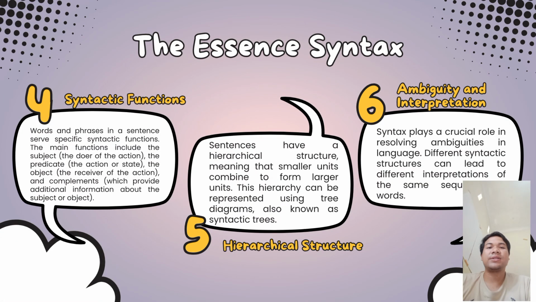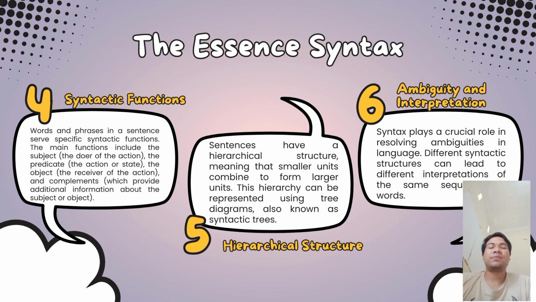And number four is syntactic function. Words and phrases in a sentence serve specific syntactic functions. The main functions include the subject, the doer of the action; the predicate, the action or state; the object, the receiver of the action; and the complements, which provide additional information about the subject or object.